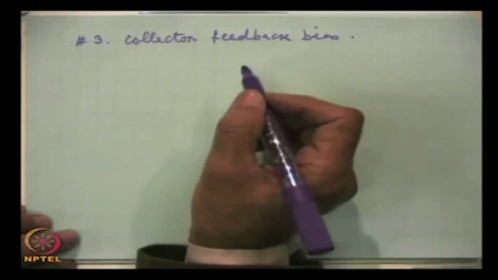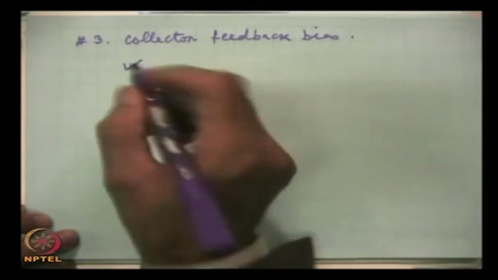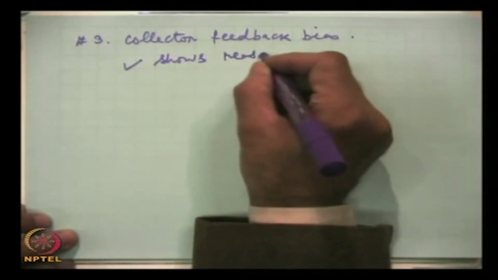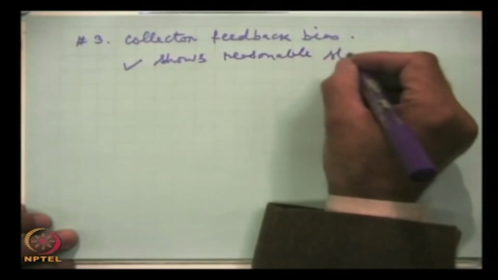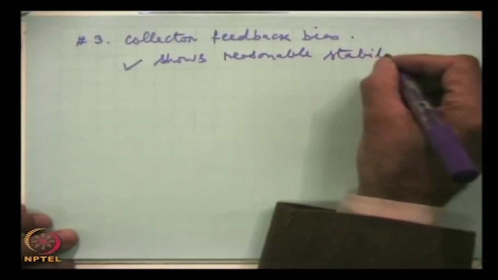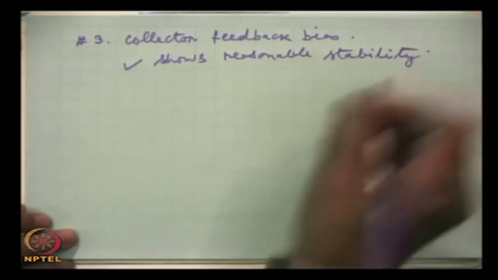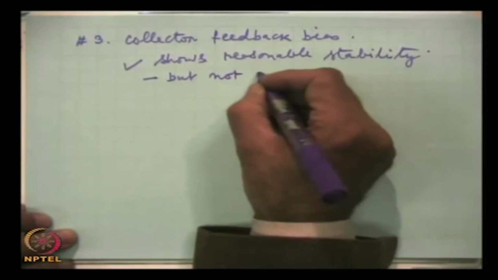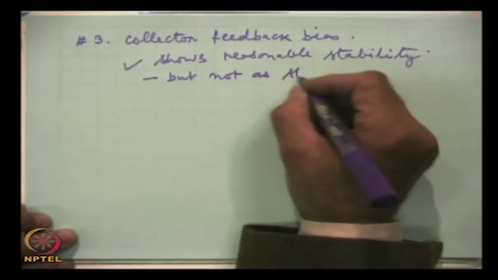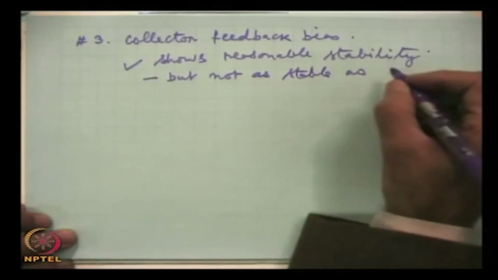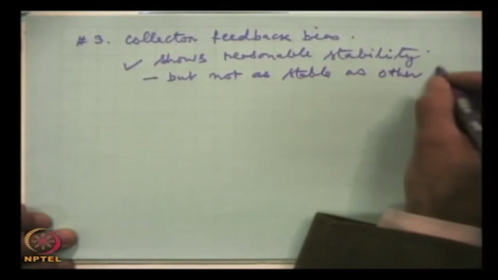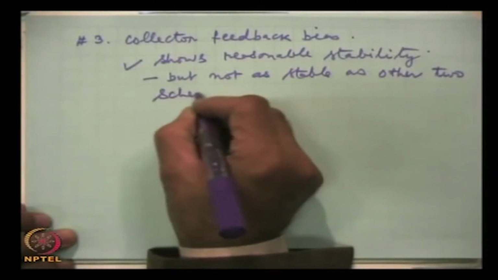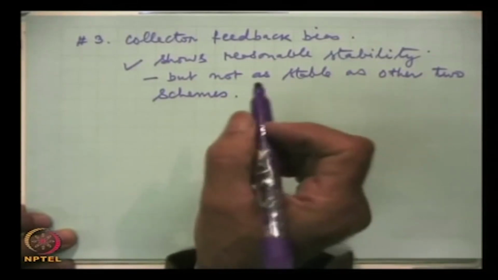Collector feedback bias. Here the stability is reasonable, it exhibits reasonable stability, but not as stable as the other two schemes or arrangements or circuits.